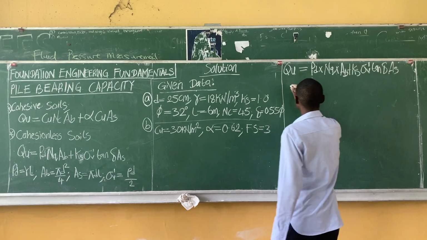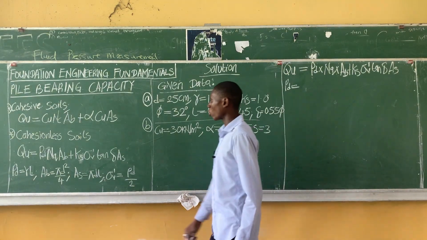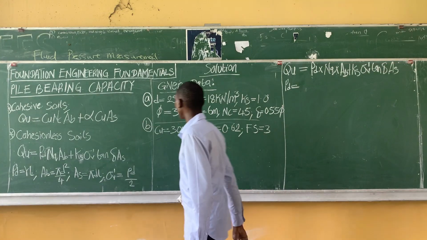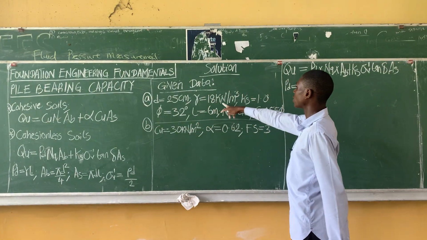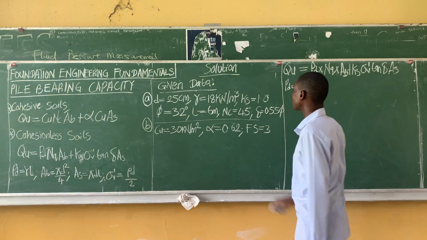Let's start with P subscript D. This is given as gamma times L. Our gamma is 18 kilonewton per meter cube and our length is 6 meters.